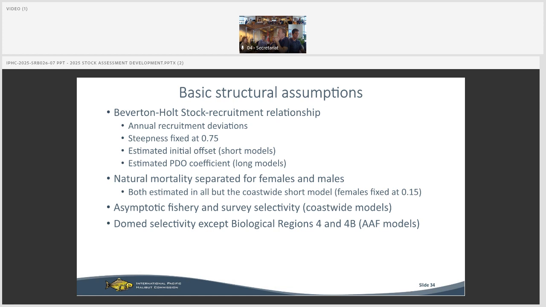And then the coast-wide matrix is for maturity, so that's the weighted average. It's the same matrix that's used in the coastwide model. But the sources of mortality and the survey expectations are created based on region-specific size and age.